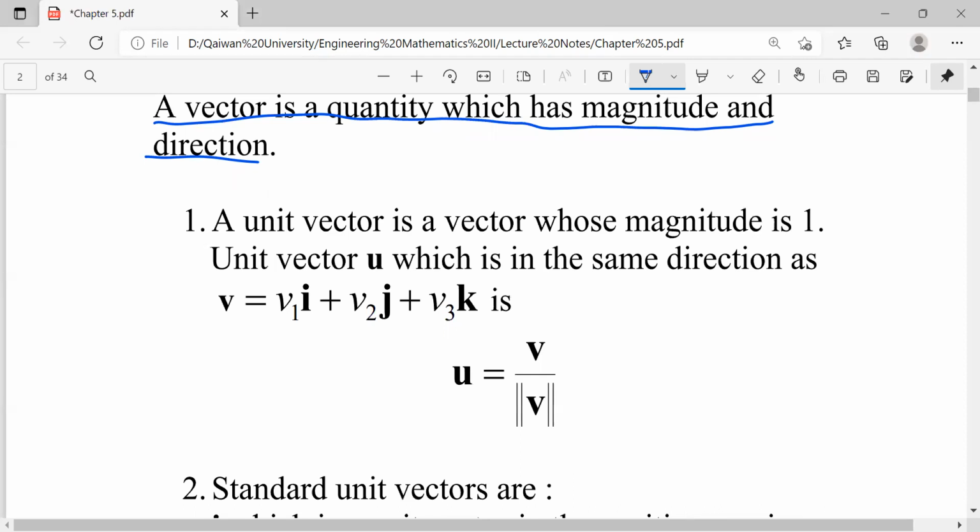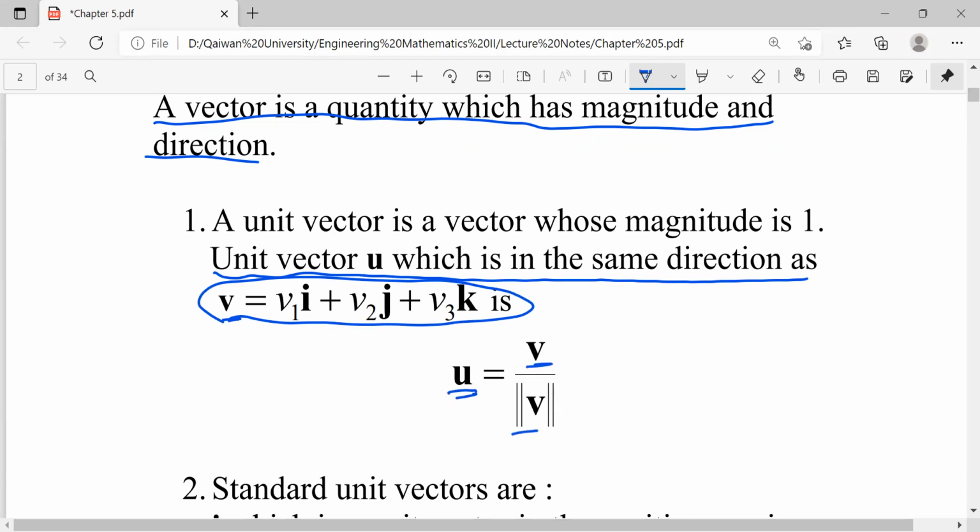Unit vector can be shown here. Unit vector u is in the same direction as v. So if we are given a vector and want to find the unit vector in the same direction, it is v divided by the magnitude of v. The magnitude of v is the square root of v1 squared plus v2 squared plus v3 squared.